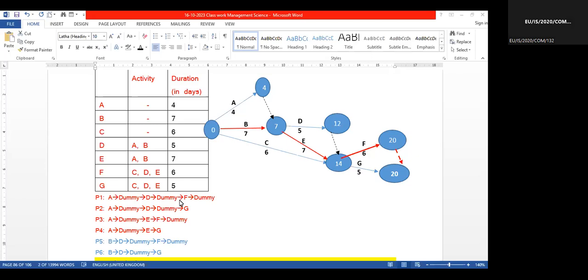If there are any delays in critical activities, what will happen to the project duration? The other way around, I am asking: if there is a 2-day delay in activity F, what will happen to the project completion time?